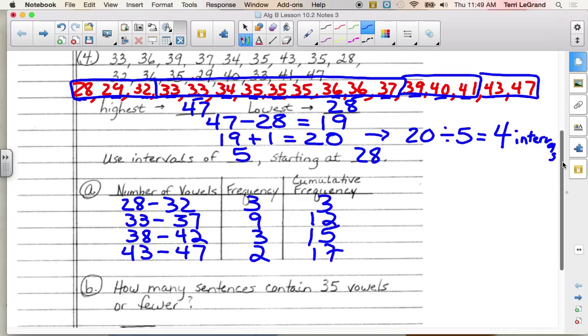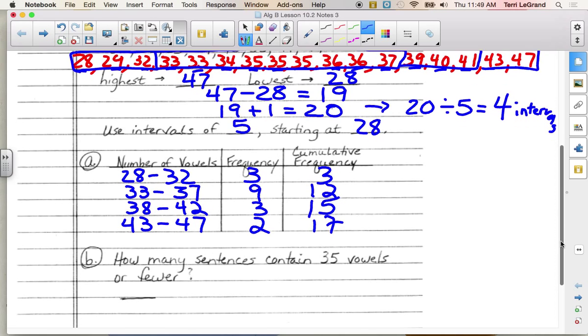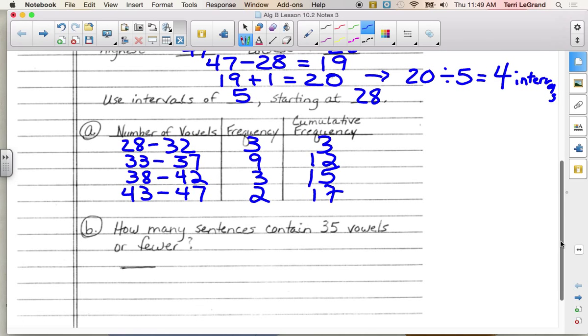There are 12 in that category so far, but we have to go up here and count: 1, 2, 3, 4, 5, 6, 7, 8, 9. We get to count the 35s, right? It says 35 vowels or fewer. What if it said how many sentences contain less than 35 vowels? Then you would not count the 35s. But here we're going to say 9 of them because 35 is included.